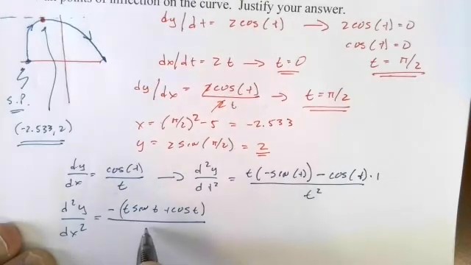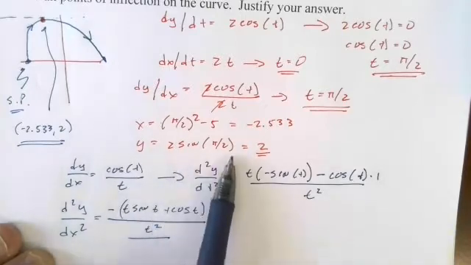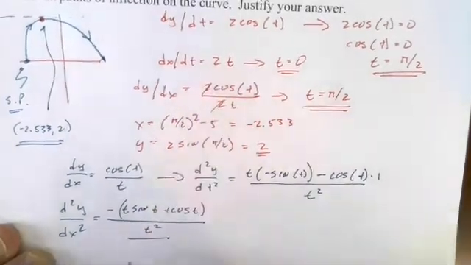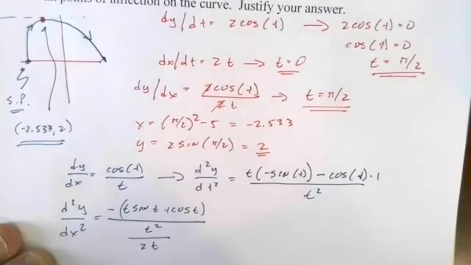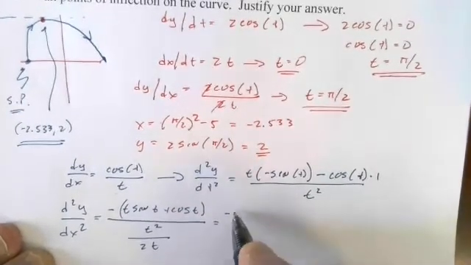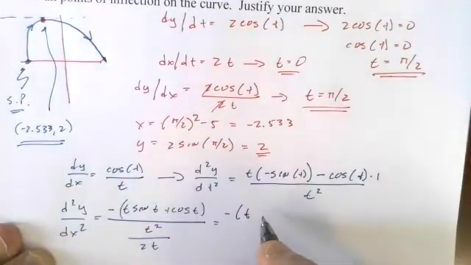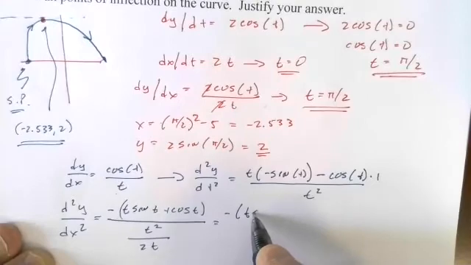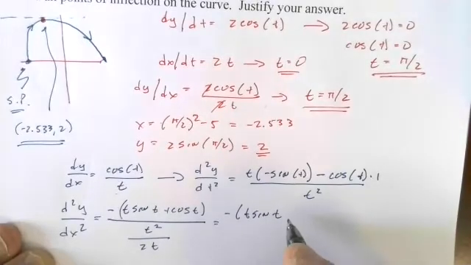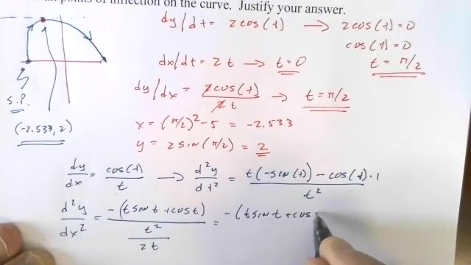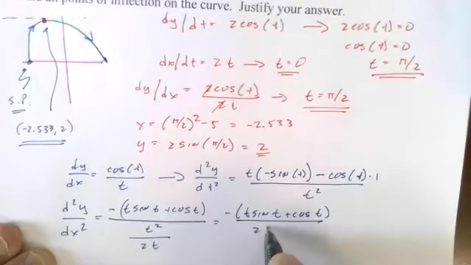No, over t squared over dx/dt. Where'd dx/dt go? Don't forget the 2. 2t equals negative, find all points of inflection on the curve, negative t sine of t plus cosine of t over 2t to the third.